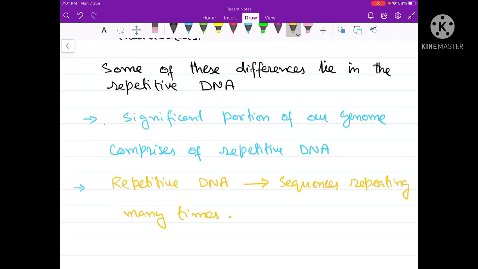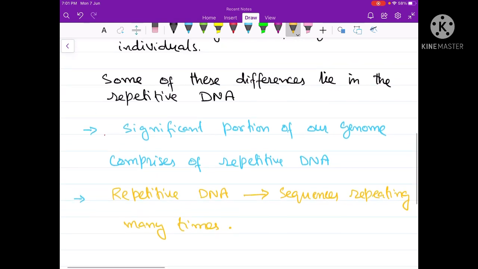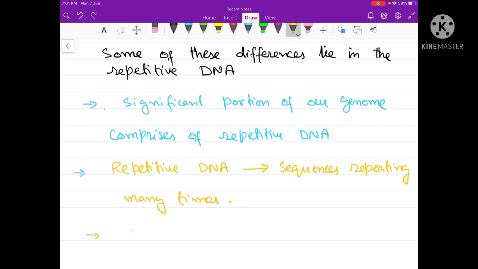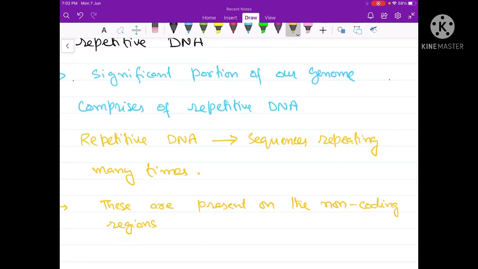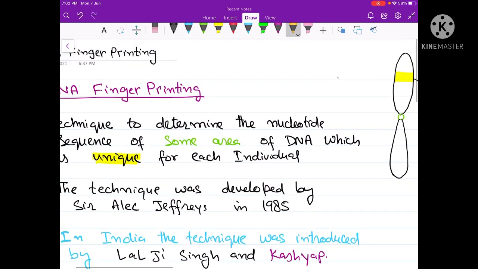This repetitive DNA is of many types depending upon the position of the repetitive DNA and the length of the basic unit. And these repetitive DNAs are usually present on the non-coding region of the autosomes.